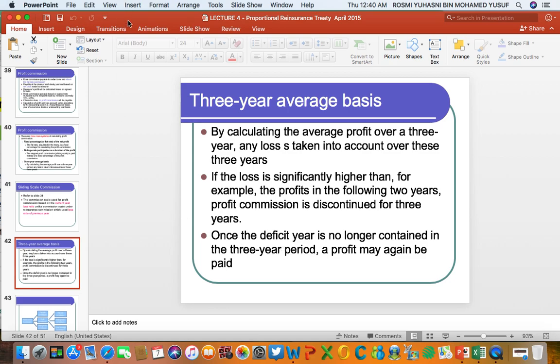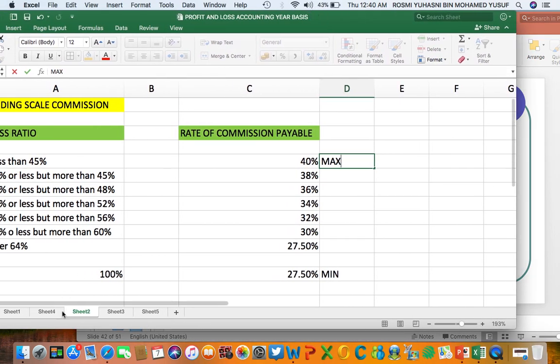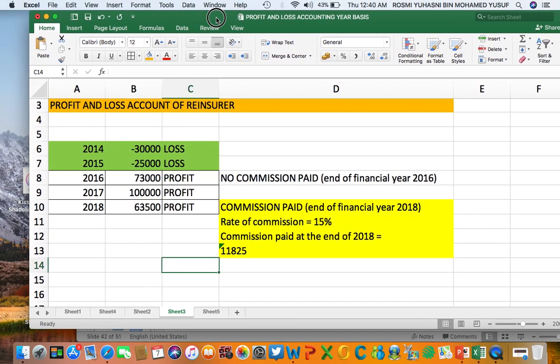Okay, to make it clear, let's look at some examples that I have here. Let's say we have year 2014, 2015, up to 2018. If you look at 2014, the profit and loss account of the reinsurer shows a loss, a deficit of 30,000. So there is a loss for that treaty year for the reinsurer.